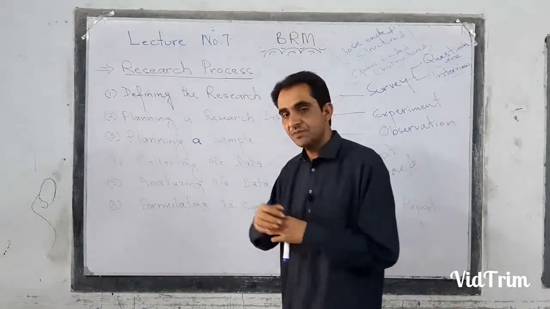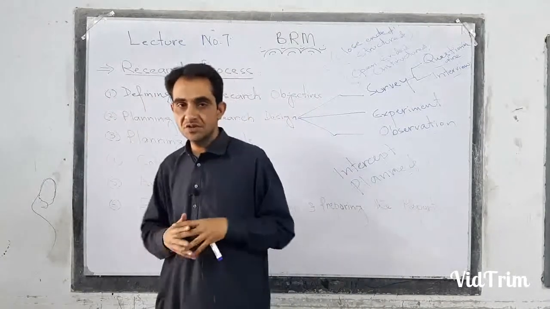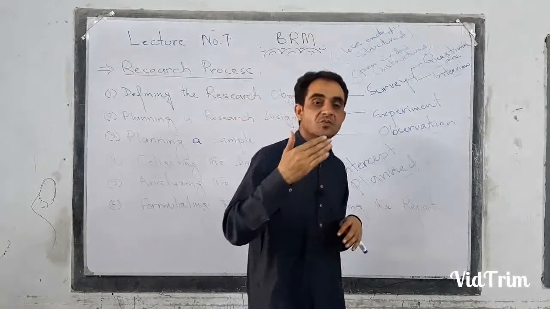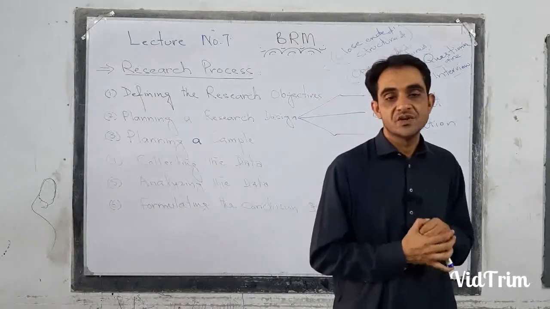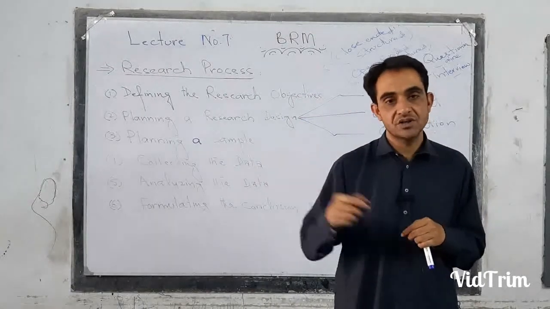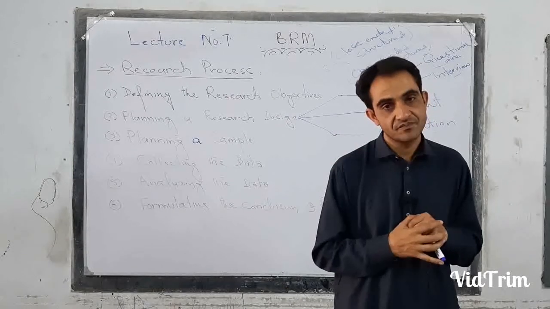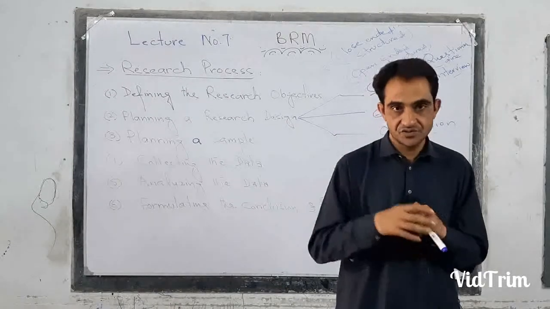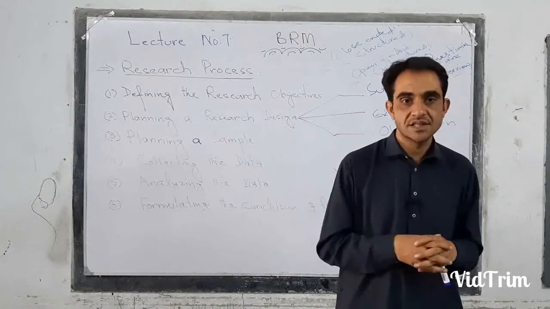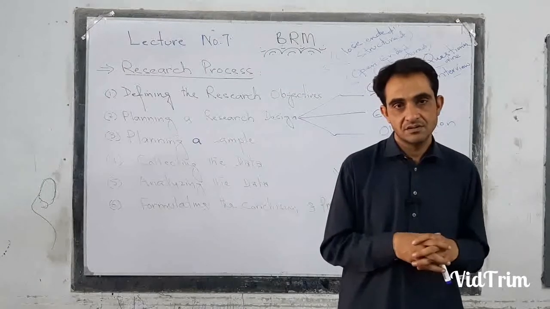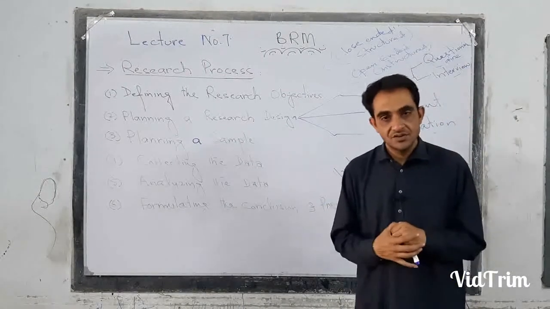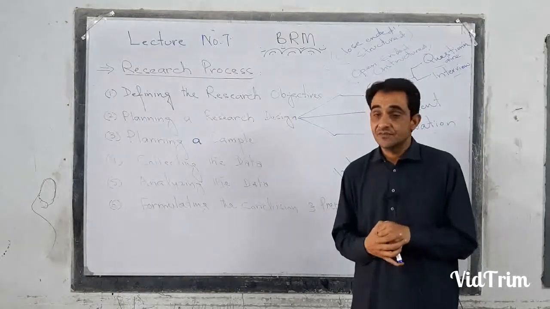While for some experiments you are going out to the field, like most often in biology, in botany, you are going to the field to check different plants, or in zoology to check different animals in the forest or in the mountains. So that is called experiment.